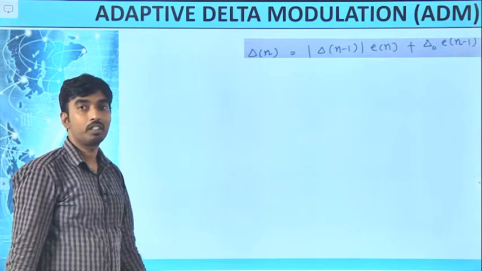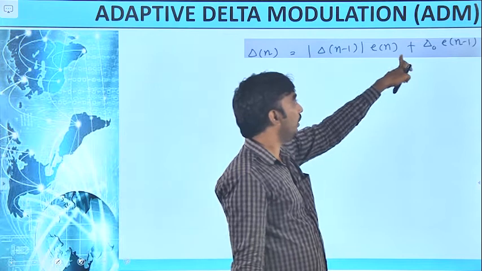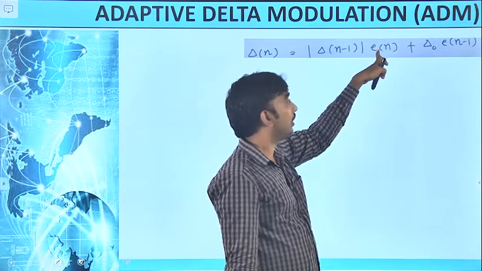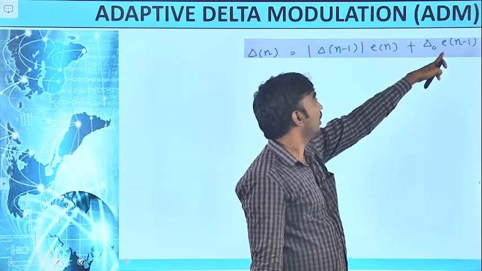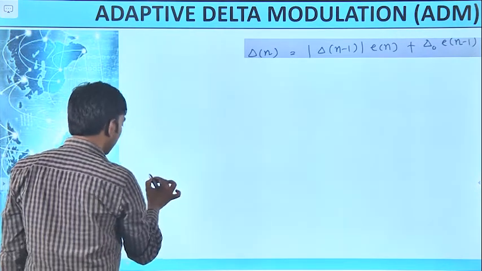Delta of n is equal to delta of n minus 1 E of n. E of n means error, right? Plus delta naught E of n minus 1. Right. So I'm taking just simple.